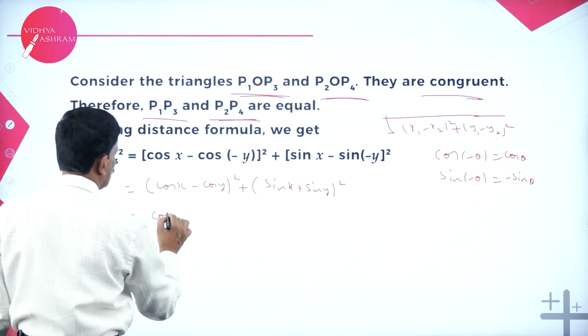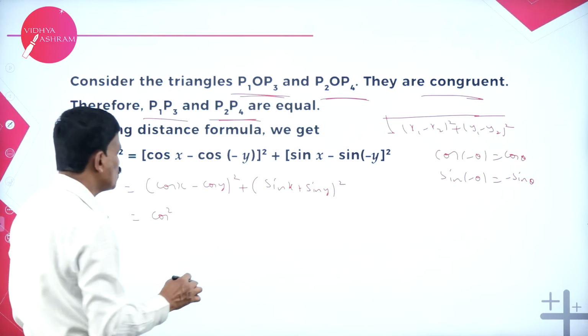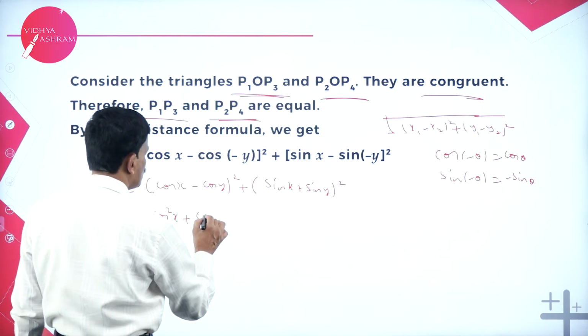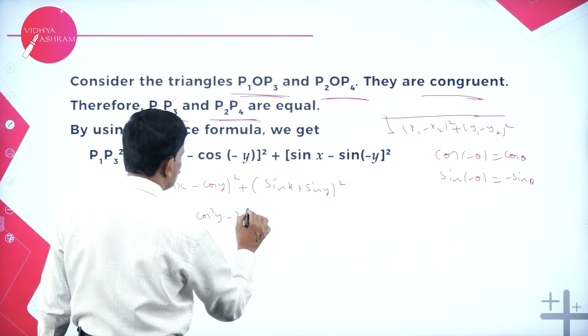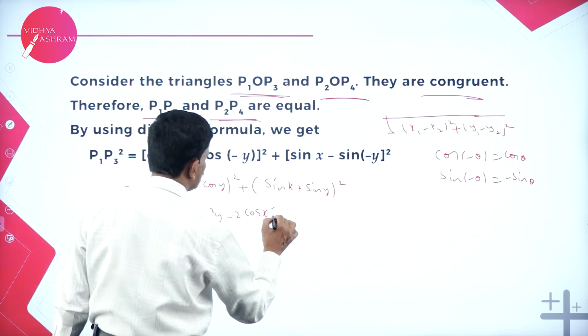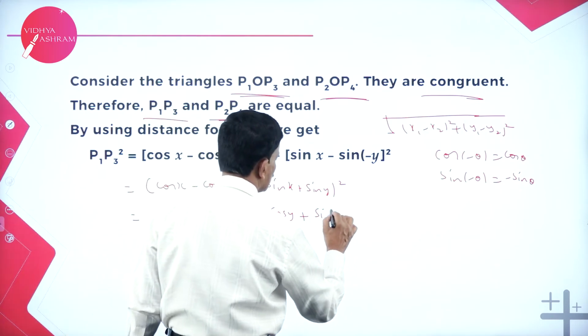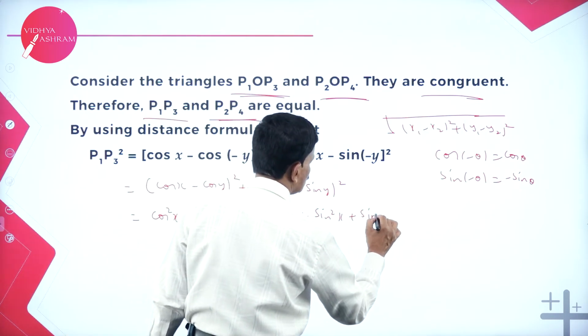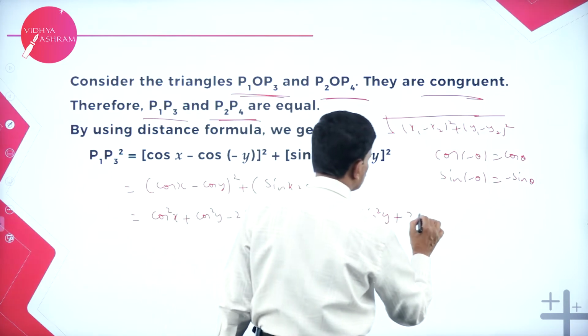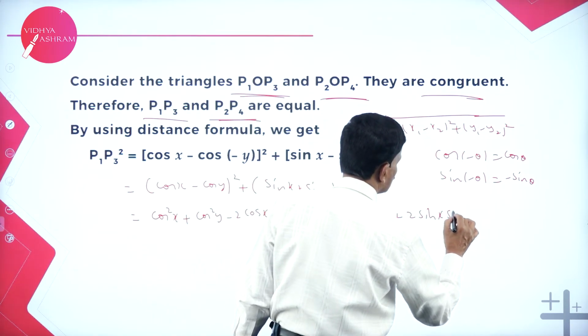Simplify this, using (a minus b) whole square and (a plus b) whole square: cos square x plus cos square y minus 2 cos x cos y, plus sin square x plus sin square y plus 2 sin x sin y.